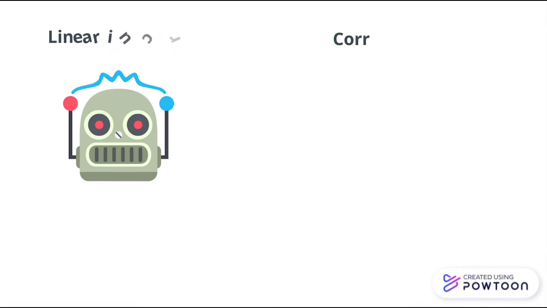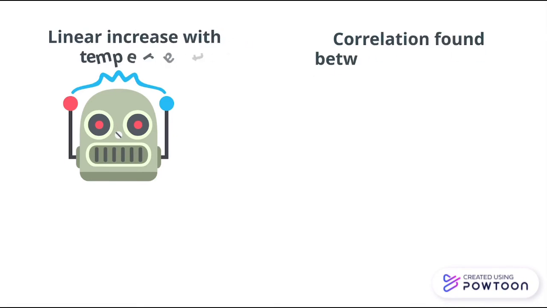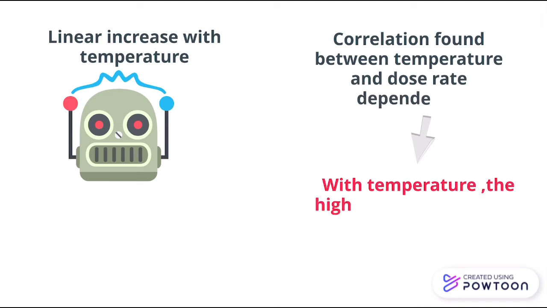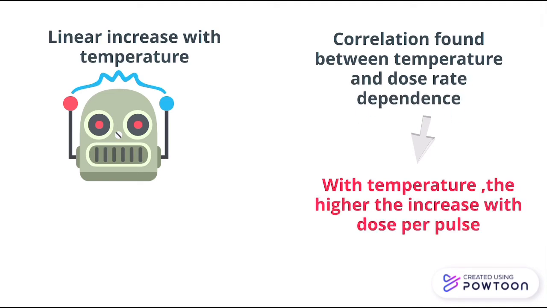From a previous study, there is a linear increase of semiconductor signal with temperature. The correlation found between the temperature and dose rate dependence points to a common basic physics phenomenon at their origin, probably related to the minority carriers in the crystal.